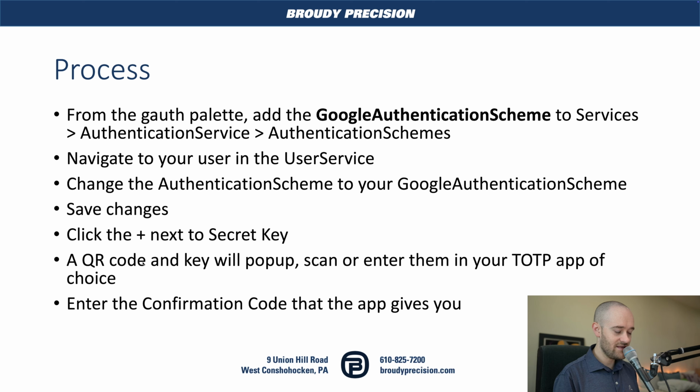And then we'll scan that with our app of choice. We'll enter the confirmation code that the app gives you, and then we'll be off and running. And now anytime we go to log in with this specific user, they will need to also present their one-time password. So let's jump over to Niagara now and actually do this.